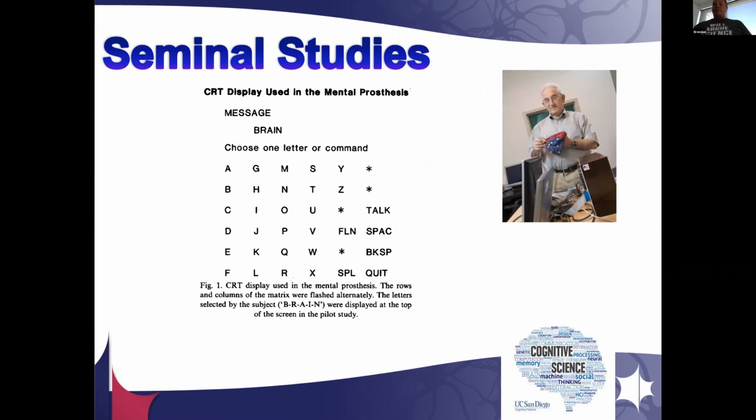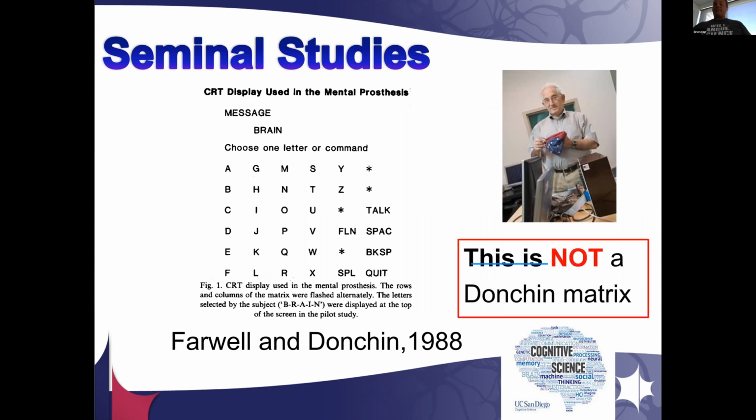This was the first study in 1988 from Farwell and Donchin. This here is a picture of Emmanuel Donchin. This has been called the Donchin matrix in the literature. The reason that I put this up is that once I was giving a lecture about this, and I referred to it as the Donchin matrix, and Professor Donchin came up to me after that and asked me not to use that term because he felt that it was pompous.